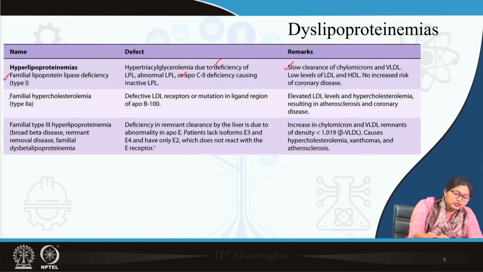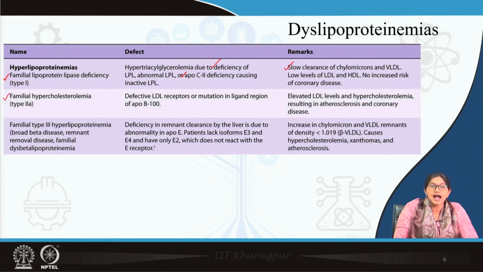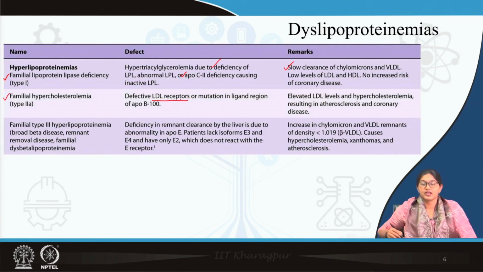Now, coming to type 2A, which is known as hypercholesterolemia, and this is due to a defect in the LDL receptor. Remember, we have discussed the structure of the LDL receptor. Like all receptors, there is a ligand binding domain. In type 2A dyslipoproteinemia, that ligand binding domain of the LDL receptor is defective. So, even if there is LDL receptor, it cannot bind ApoB100.